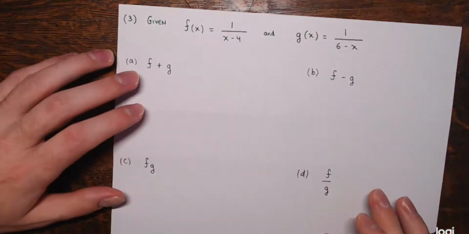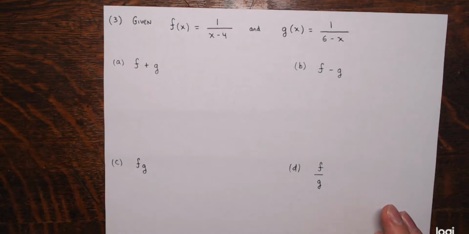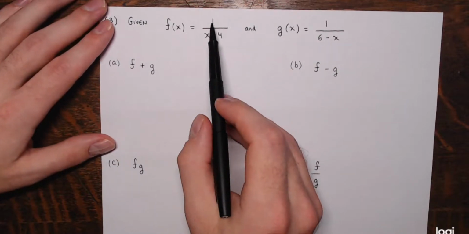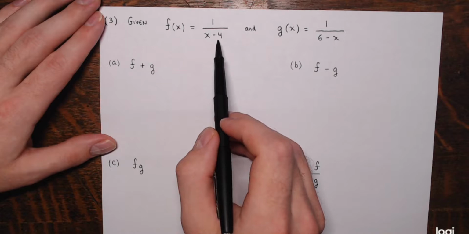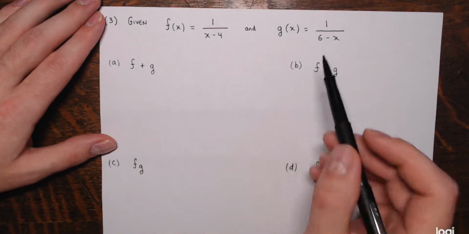All right, so now the functions we're given in number 3 are not polynomials. They're rational functions, fractions. So we have f of x equals 1 over x minus 4, and g of x equals 1 over 6 minus x.